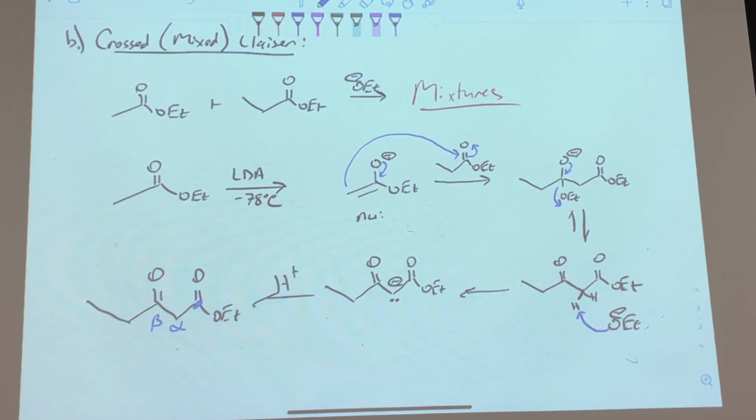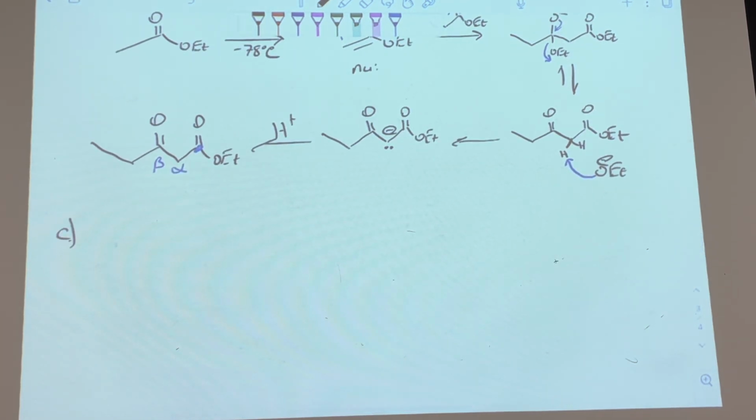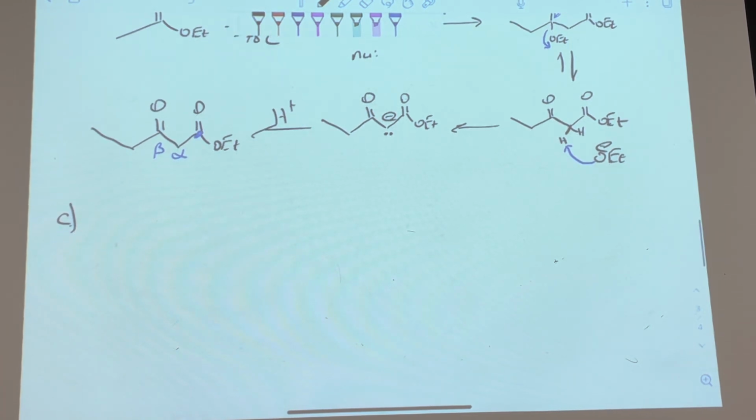Any questions on the Claisen? All right, well, let's do the third variation. So we can do kind of like what we did with the aldol.